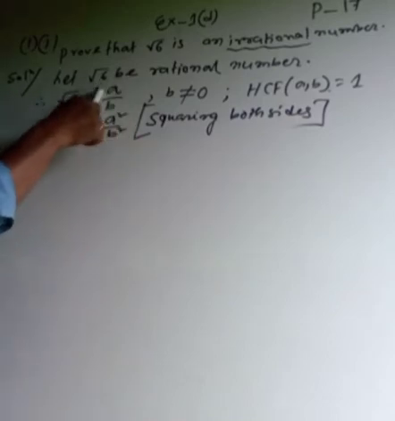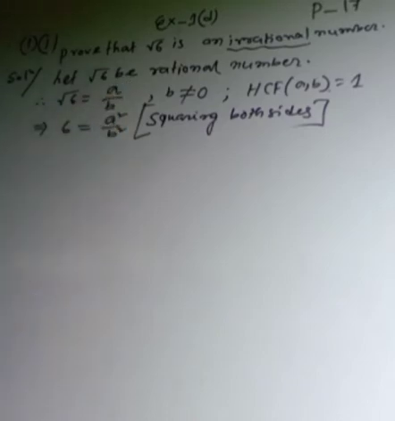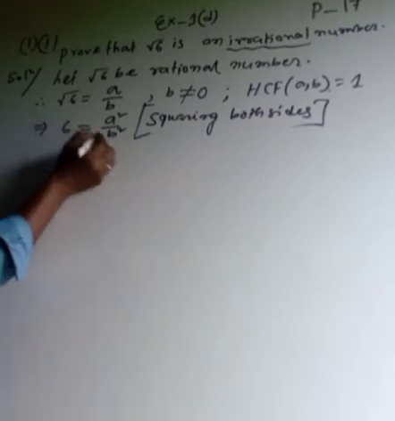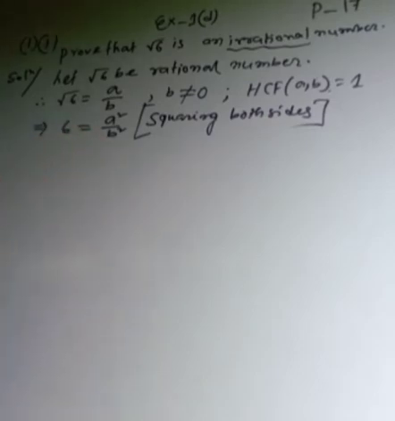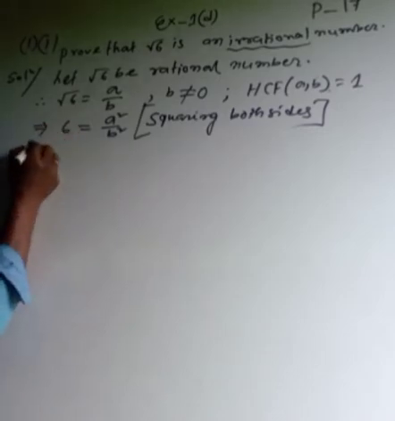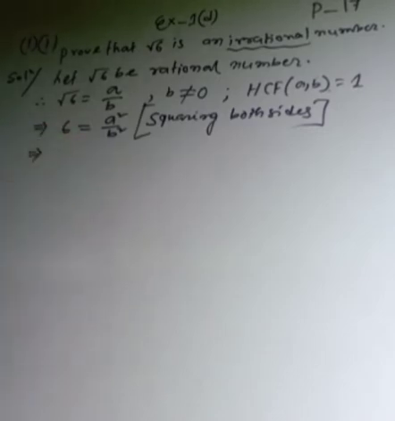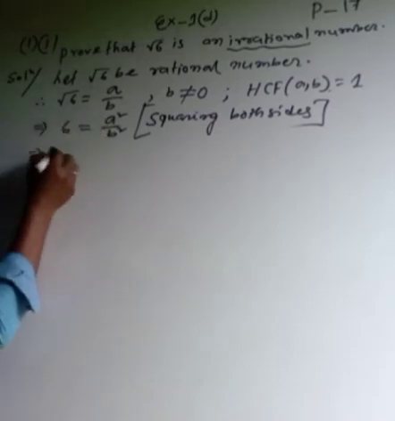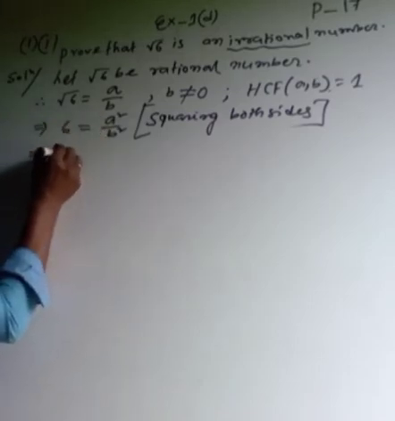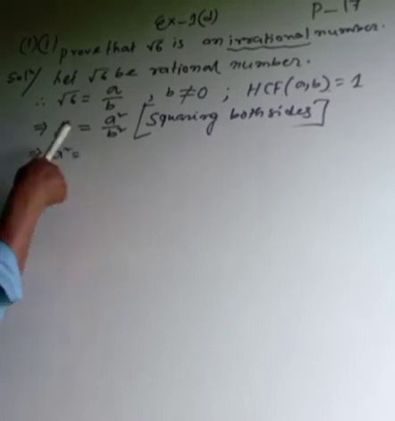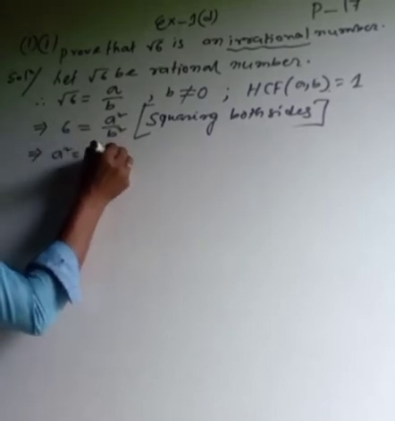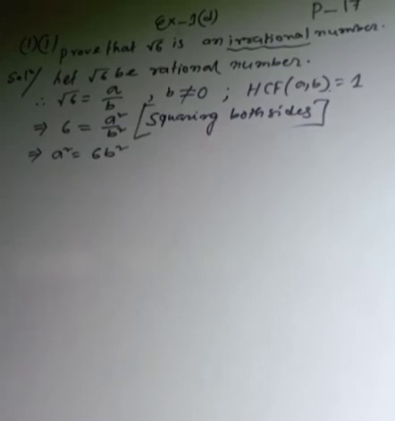A by b whole square means a square divided by b square. After that, if you do the cross multiplication, under this 6 there is only 1. So a square into 1 will be only a square, and 6 into b square will be 6b square.